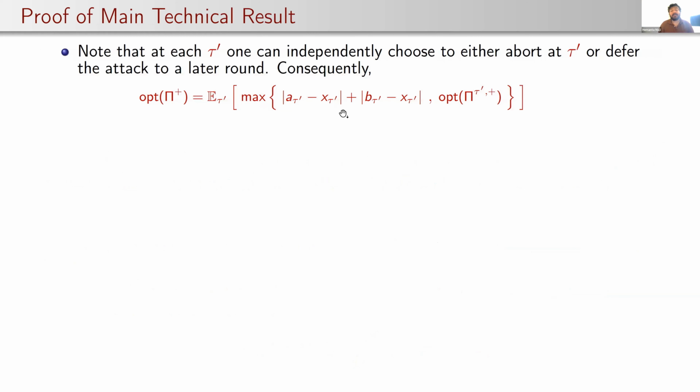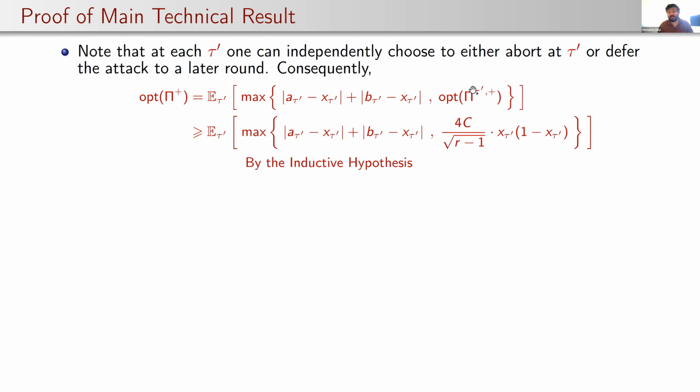Let me elaborate on this further. For every message tau prime, the adversary can choose either to attack at that point tau prime or defer the attack to the subsequent r minus 1 round protocol. By inductive hypothesis, we know that this term is greater than or equal to this expression here.